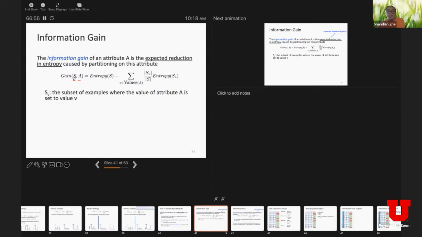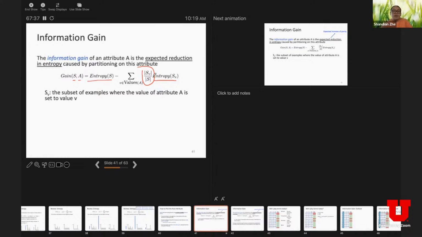Then the information gain is computed by taking the entropy of the entire data set S and subtracting a weighted summation of the entropy of each subset generated by A. Here the weights are just the proportion of the size of each subset with respect to the size of the whole data set.